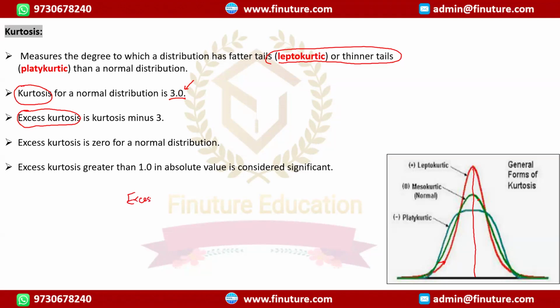Excess kurtosis is equal to kurtosis of your distribution minus 3. Now give a try. Look at this statement. I'm saying your distribution is normal. What should be my excess kurtosis?